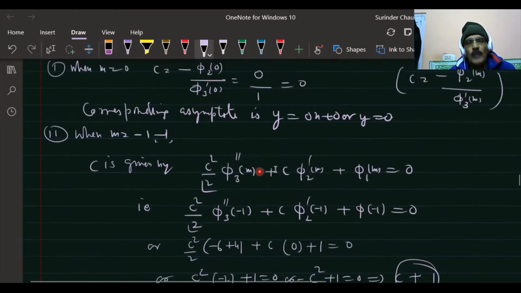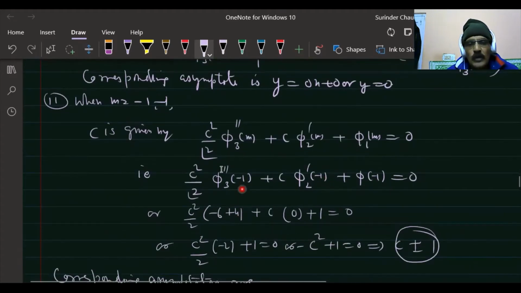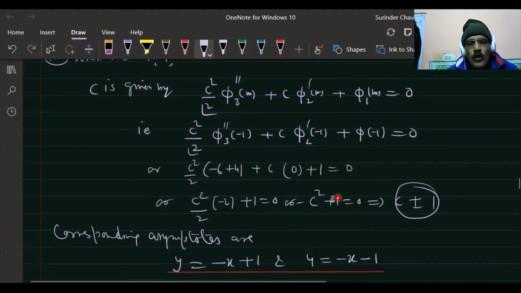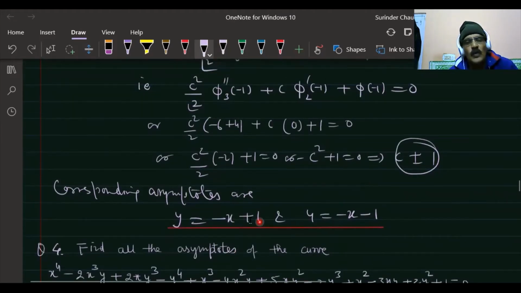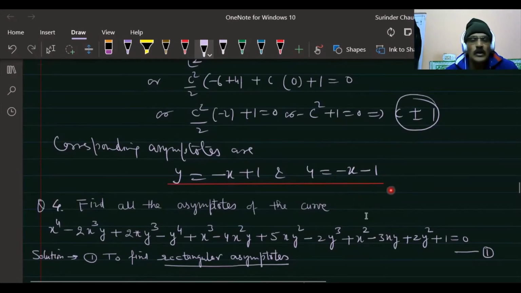Put m equal to minus 1 and simplify. We get a quadratic in c. Solving for c, we get two asymptotes. One is y equals 0 and the other is y equals minus x plus 1. So we have three asymptotes, and since the curve is of degree three at most, there are no other asymptotes.